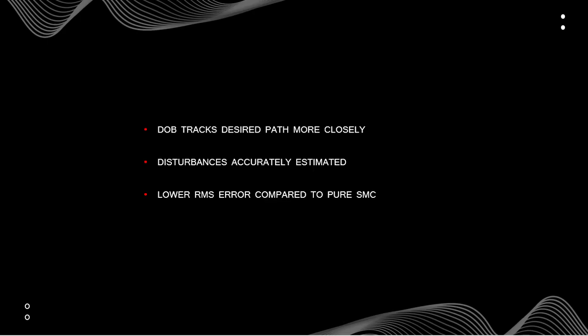The results clearly show that the DOB-SMC tracks the path more accurately than pure SMC. The observer provides a good estimate of the disturbance, and the RMS tracking error is reduced.